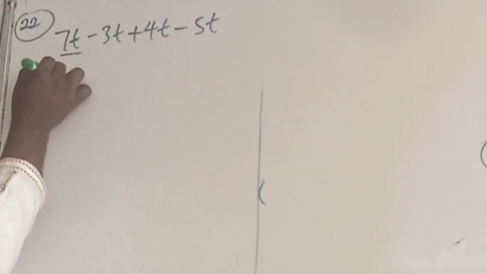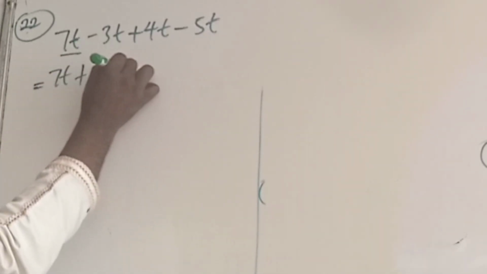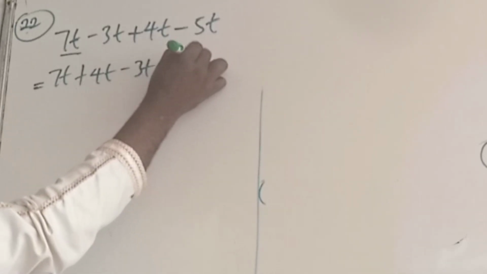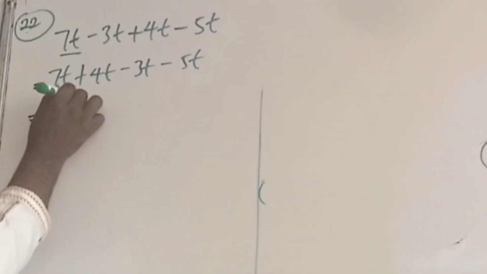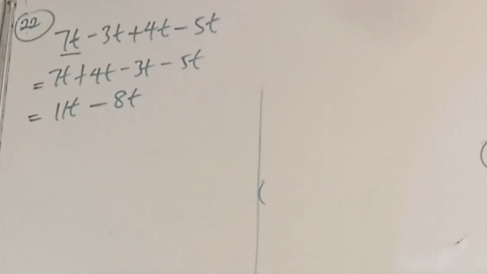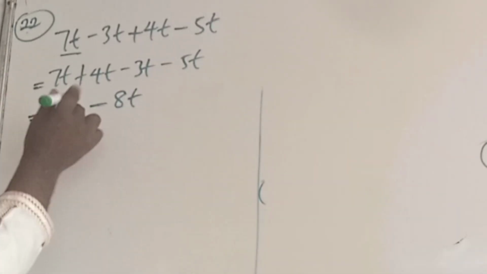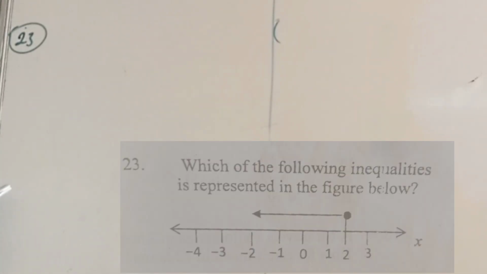So I now make this: 70, this one is positive, plus 40, minus 3t minus 5t, right? So this will give us 110. This gives us minus 8t. Am I with you? Yes, sir.